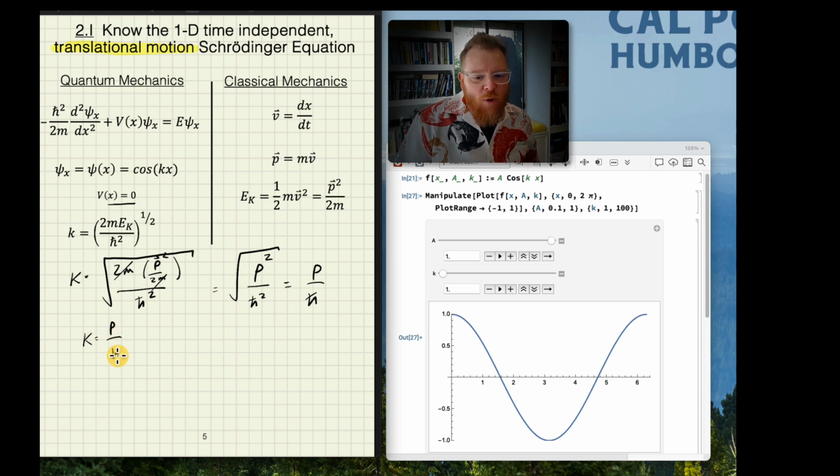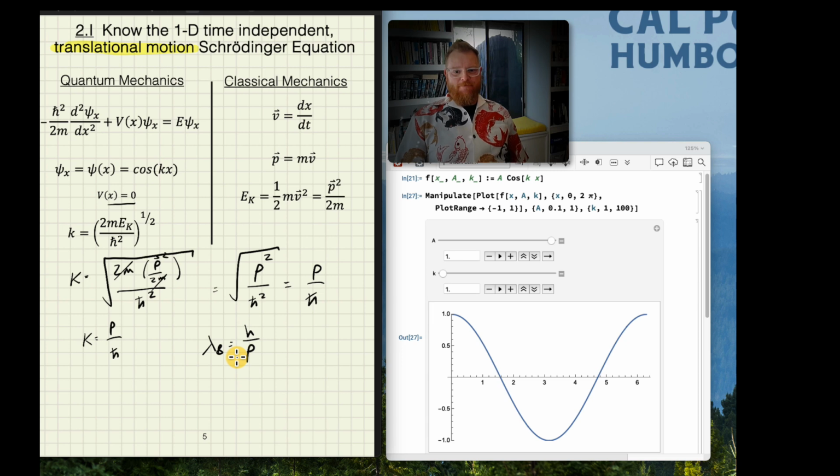If we were to compare that to an equation that we talked about in the previous module, which is the de Broglie wavelength equation, let's look at that again. So de Broglie wavelength equation goes as lambda equals h over p.